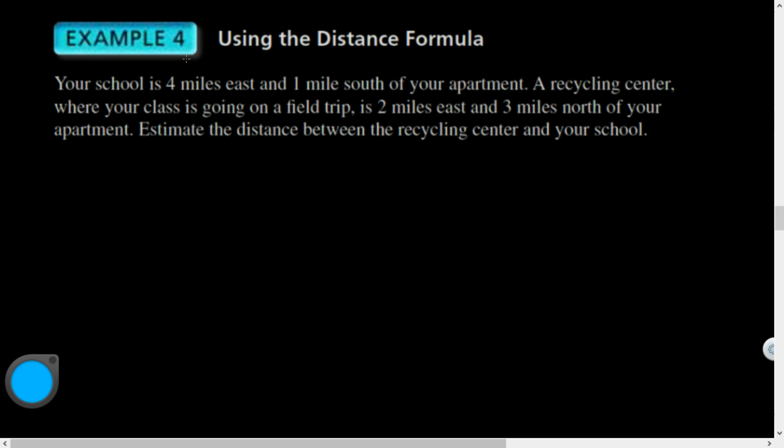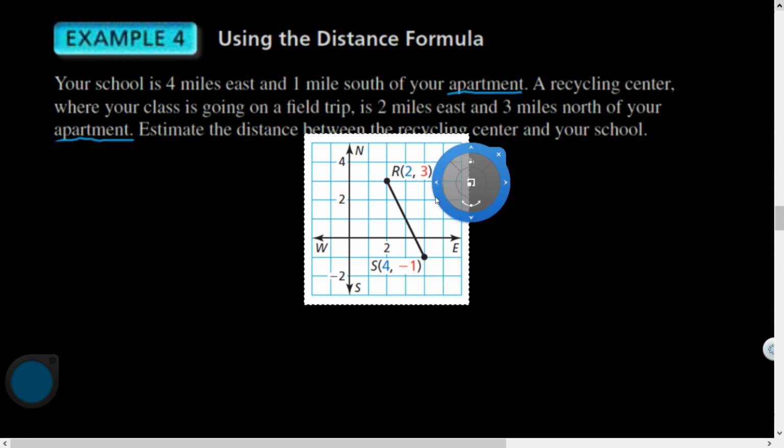Now, when they gave these distances, it was always in reference to your apartment, right? So if I wanted to map this onto some coordinate system, wouldn't be a bad idea to think about it in the context of my apartment being the origin, if that's what I'm measuring from.